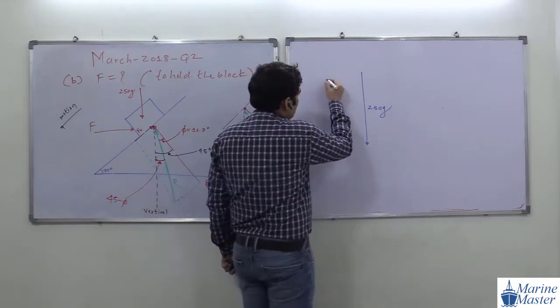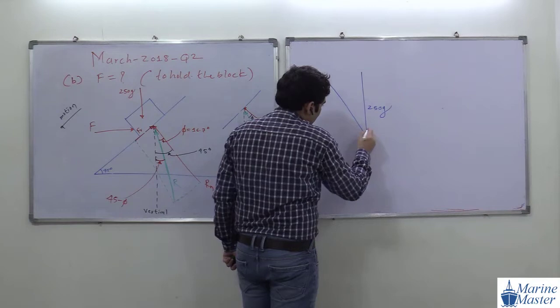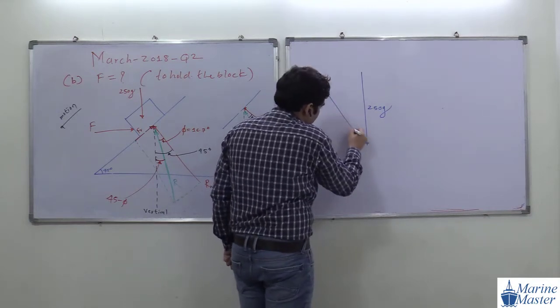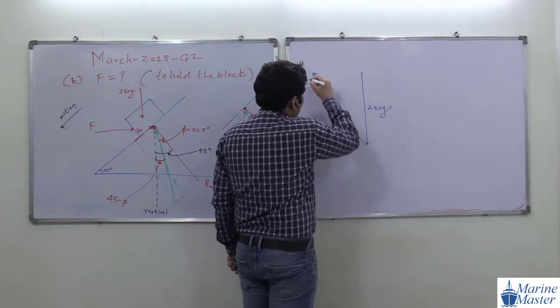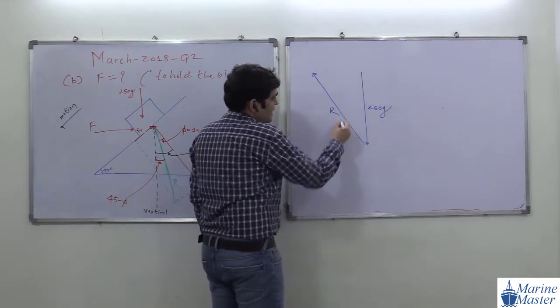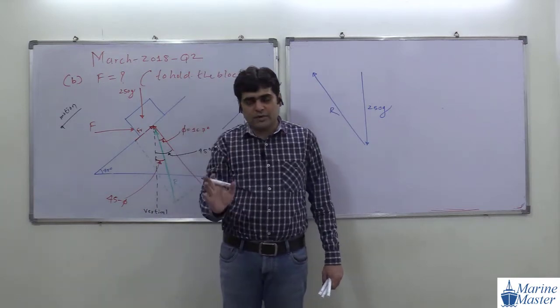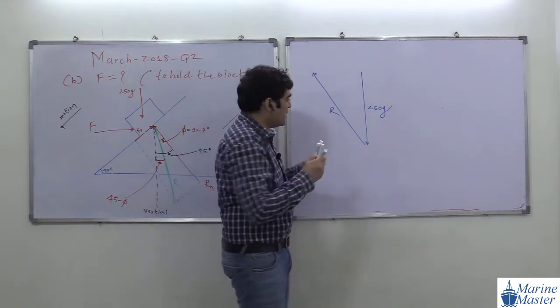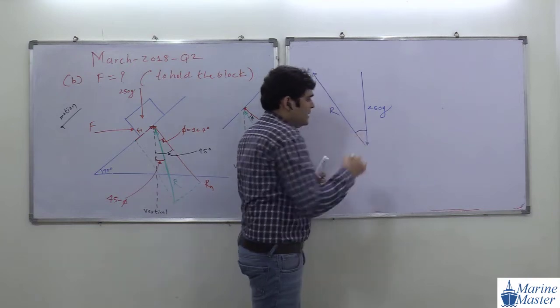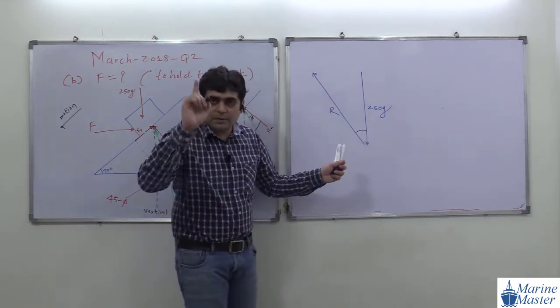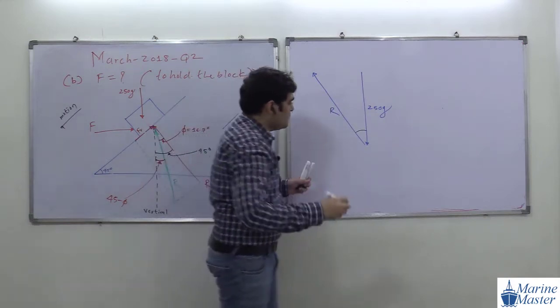So here I am going to draw a slightly smaller angle. See the point here, everyone, a very, very important discussion. So this is our R. What is the angle between R and 250 G? 250 G means our vertical line. What will this angle be? Very good, 45 minus phi.